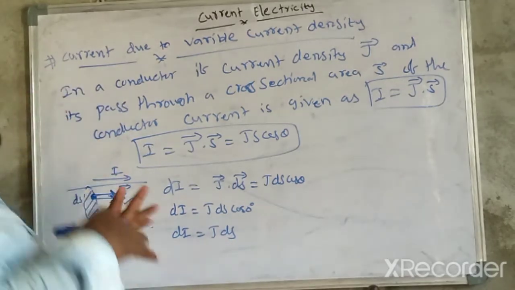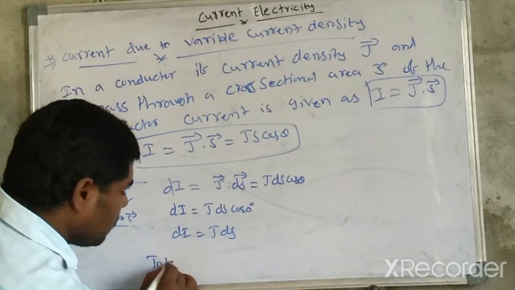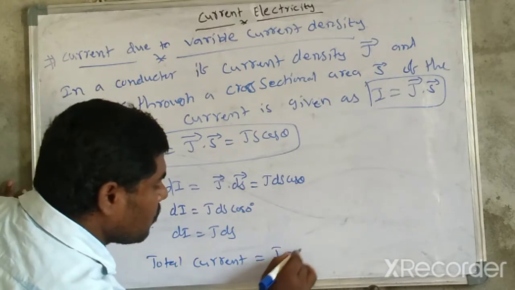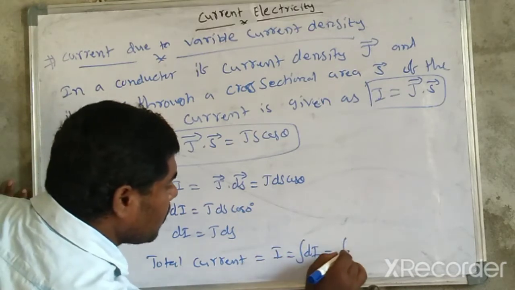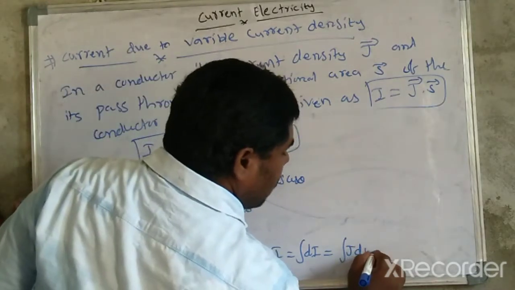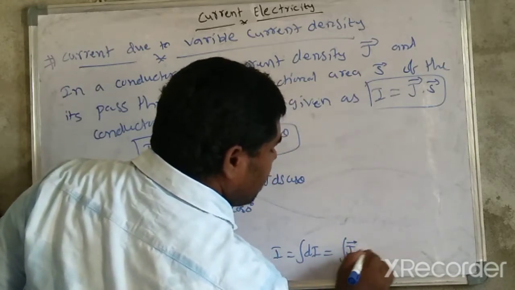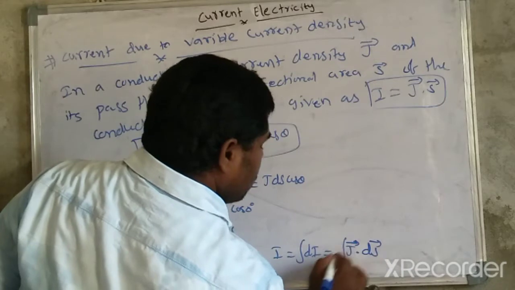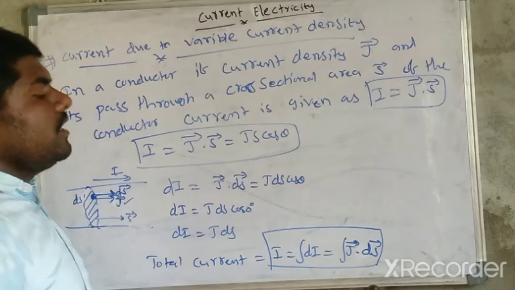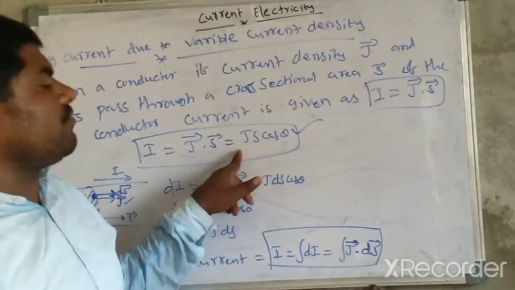If you want the total current, I is equal to integral di, which is equal to integral of j ds cos 0, that is j bar dot ds bar. In variable current density conditions you may use this formula. For general continuous current density you may use the other formula.